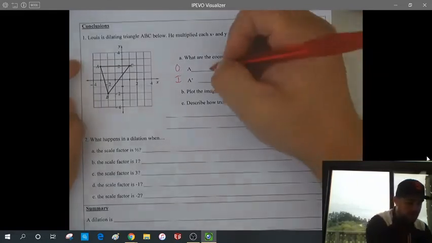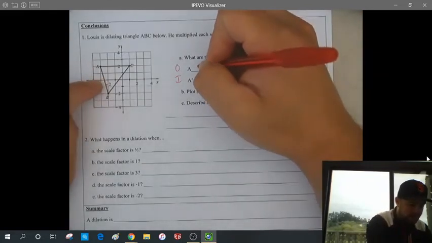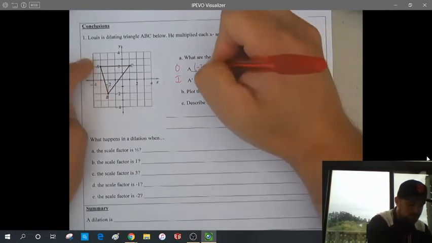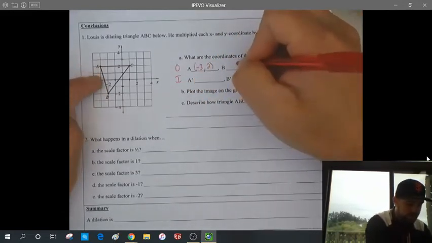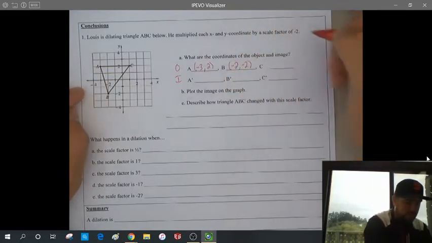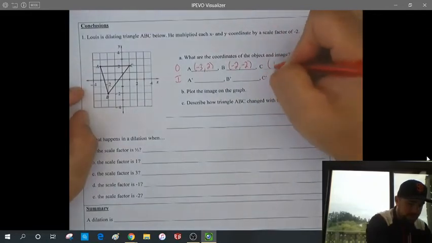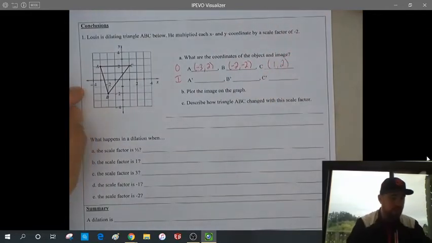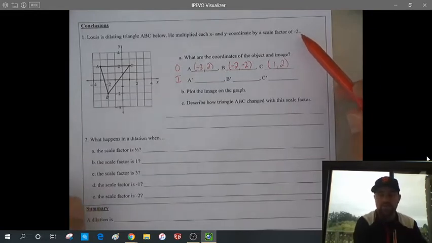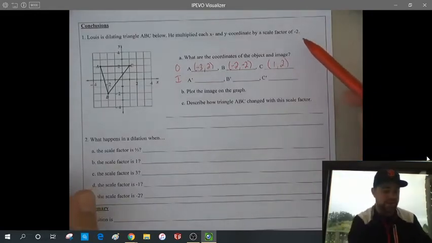So A is at -3, comma 2. B is at -2, -2. And C is at 1, comma 2. And now if I were to apply a scale factor of -2 to that, so here's where I said we would figure out what happens if the scale factor is negative.